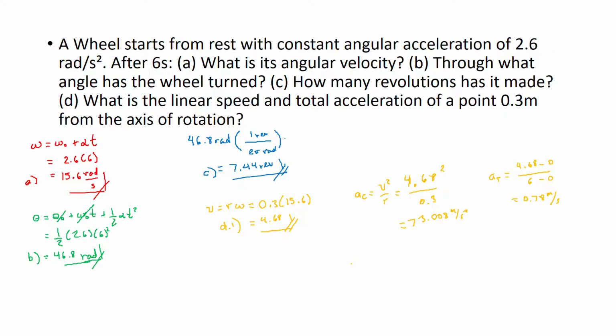And the total acceleration, now I'm getting closer to my result, it's going to be the square root of 73.008 squared plus 0.78 squared. That thing is going to be equal to 73.012 meters per second squared, and this is actually my result. Okay, so I'm going to call it D.2, and that's all for this problem.